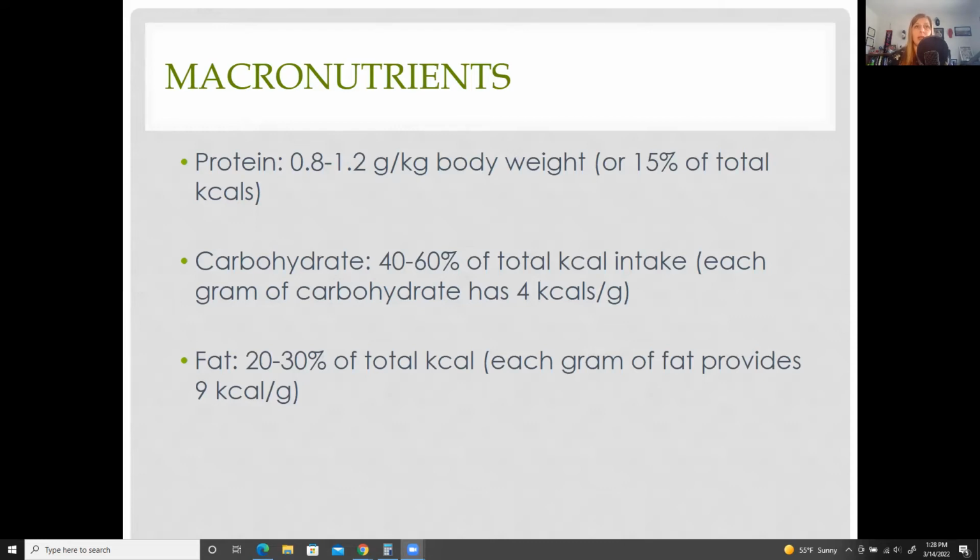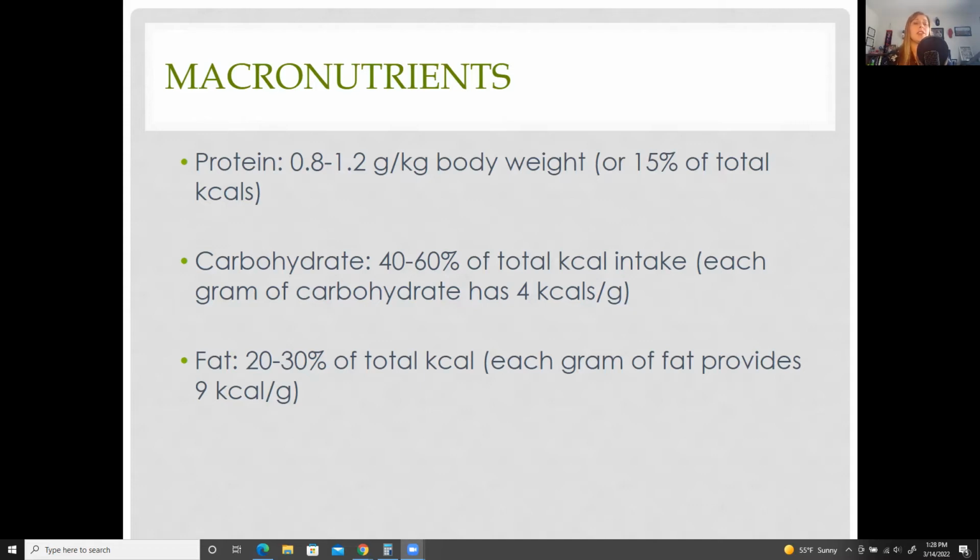For athletes or anybody who is at the gym multiple days per week, I usually go 50% and above. If it is someone who is having a really hard time losing weight, or I know that they have a higher protein need for whatever reason, or if they have a condition such as diabetes where they need to be monitoring their carbohydrate intake, then I might do something closer to 40%.